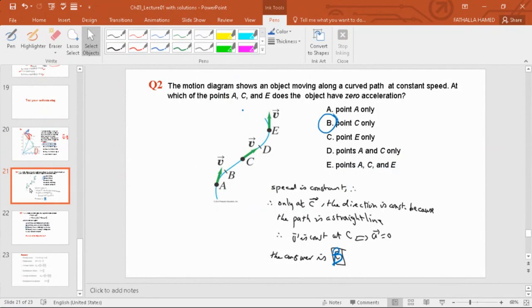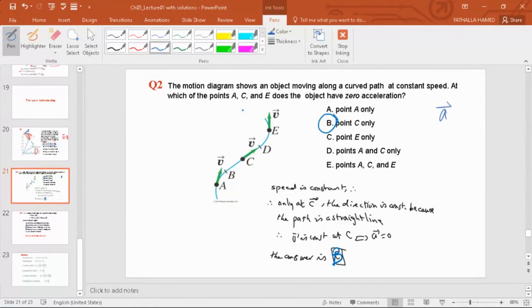Now in this question here, they give you a motion diagram that shows an object moving along a curved path at constant speed. So they tell you it's constant speed. At which of the points A, C, and E does the object have 0 acceleration? So it's a curved path like this.